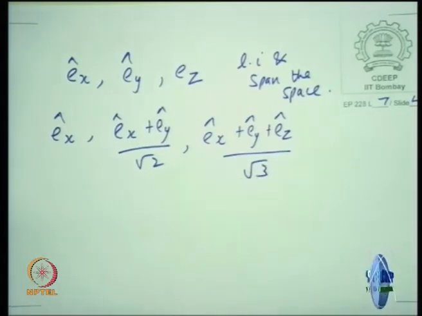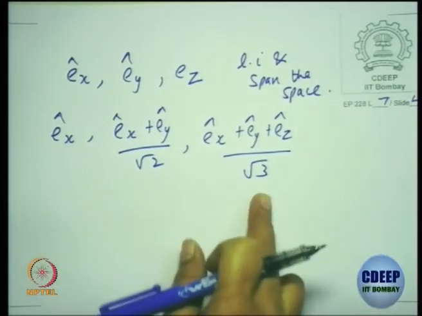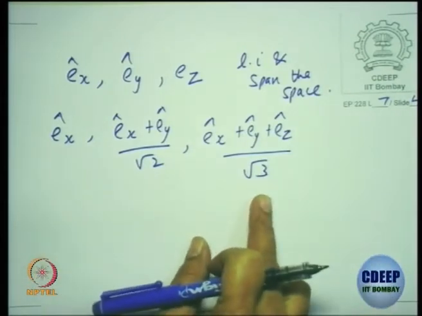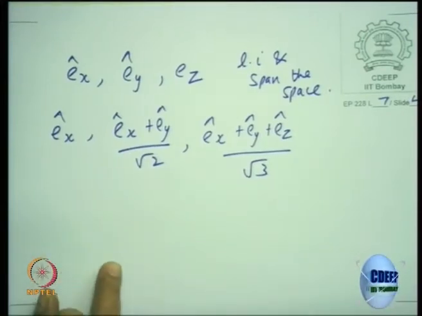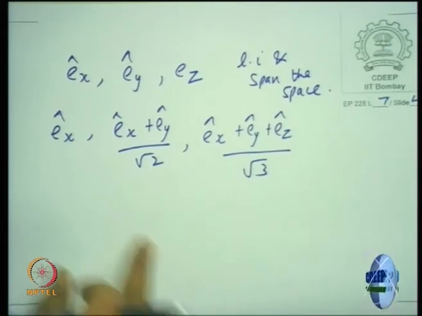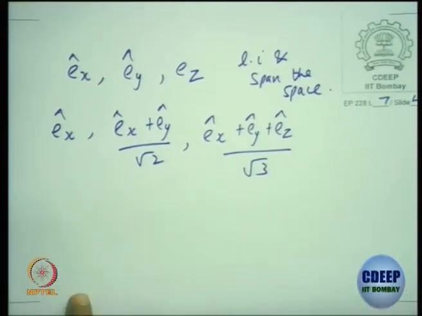Why am I putting the denominator? So that they can be like unit vectors. Are these also spanning the space? They are also spanning the space. Are they also linearly independent? Any arbitrary vector, you can write it in terms of these 3.